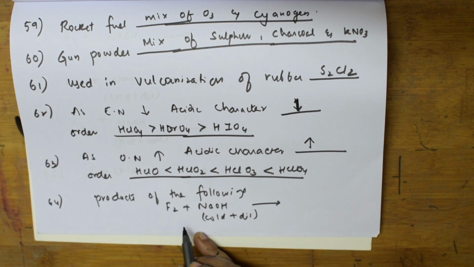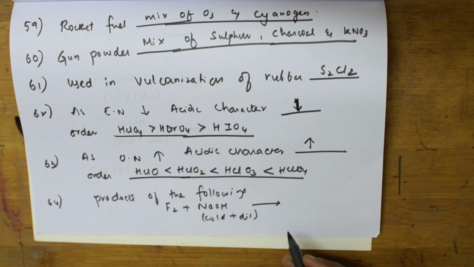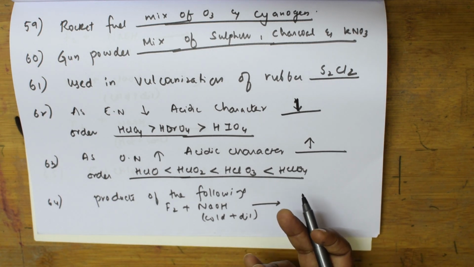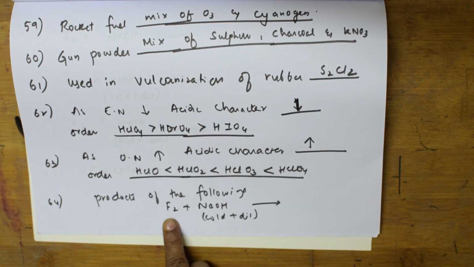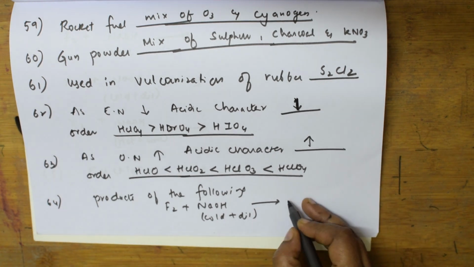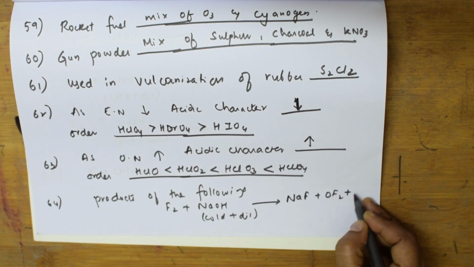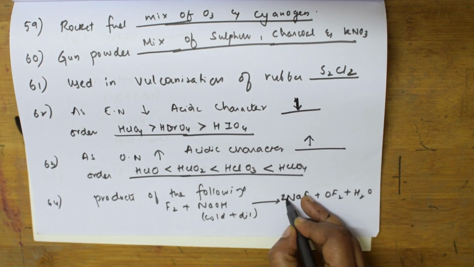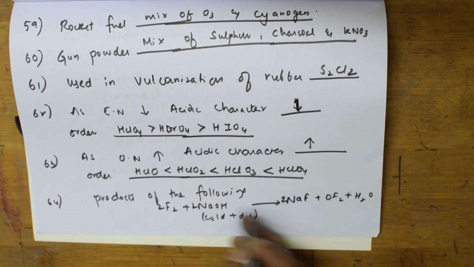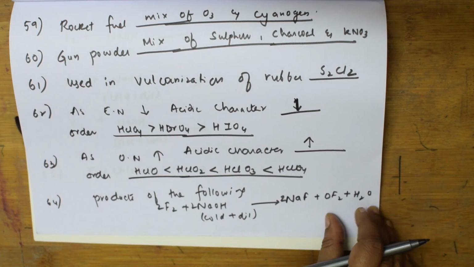Okay, see here, this is quite a common question. Fluorine, when it reacts with cold and dilute NaOH, you have cold and dilute, you have concentrated, isn't it? So when fluorine reacts with cold and dilute, the products formed are NaF plus OF2 plus H2O. Balance it: 2, 2 and 2. Remember this, OF2 is a product.